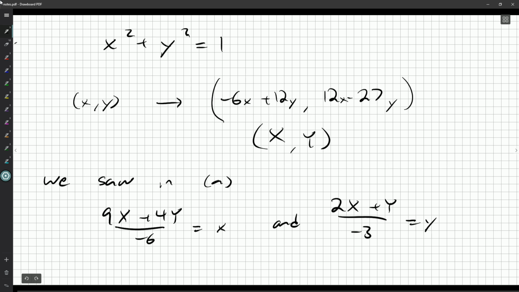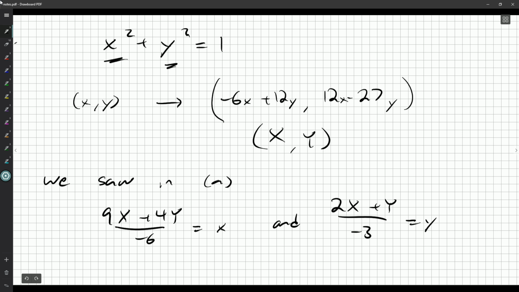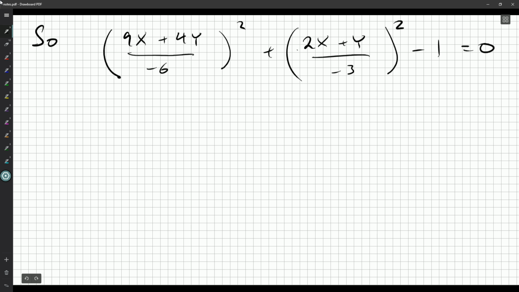So what do we know about x and y? They're on this circle. That's it. And I'll bring the 1 over here just so they've got the expression they want. Over minus 6 and over minus 3: 9 capital X plus 4 capital Y, and 2 capital X plus capital Y. Those are our expressions.